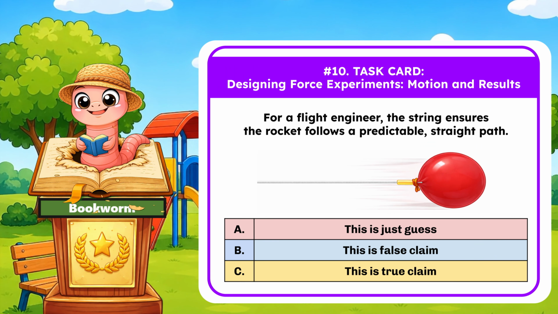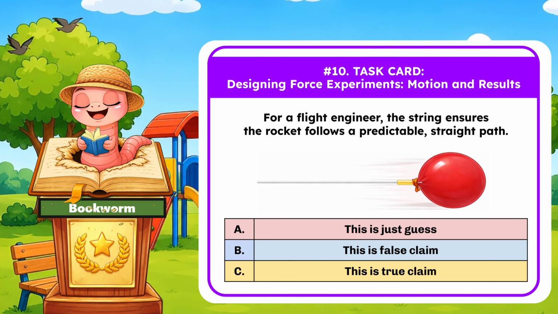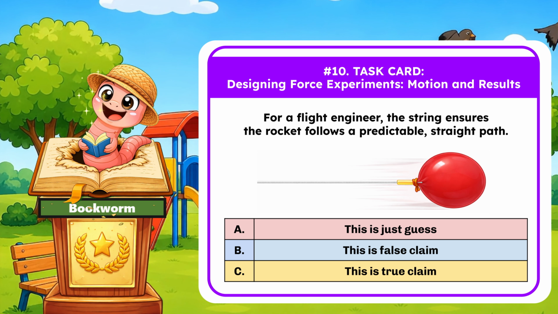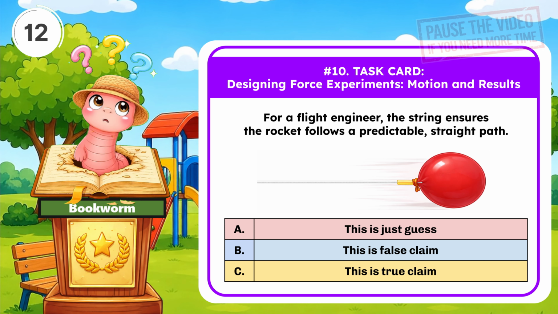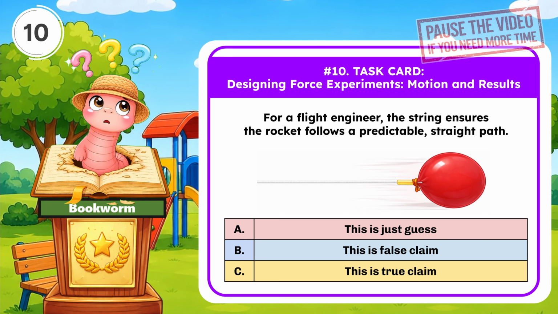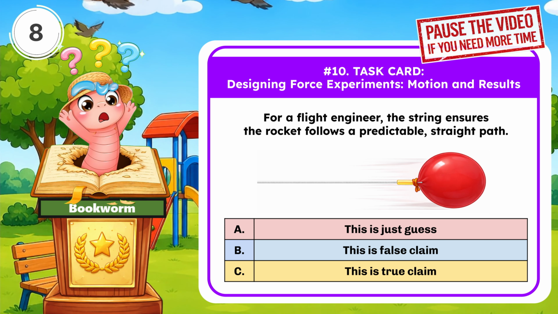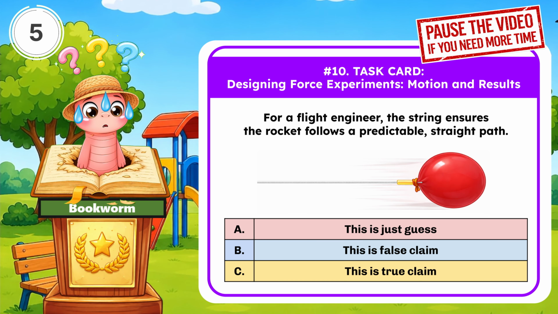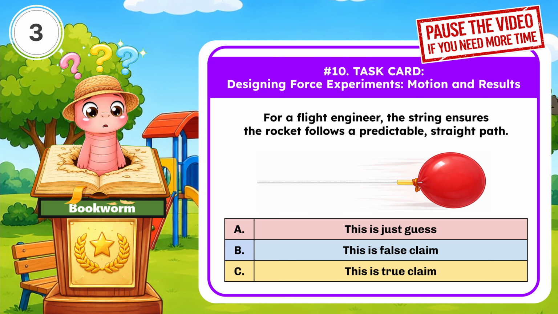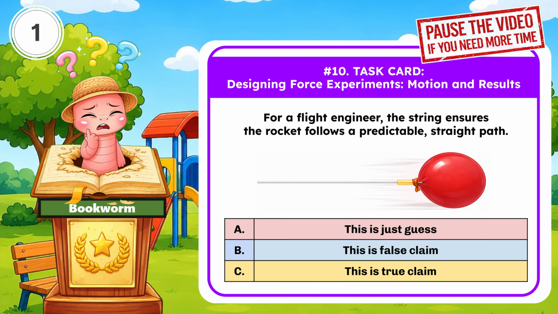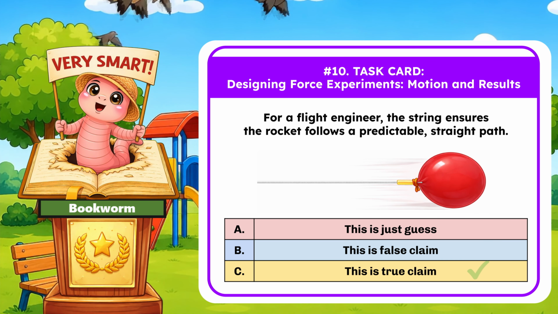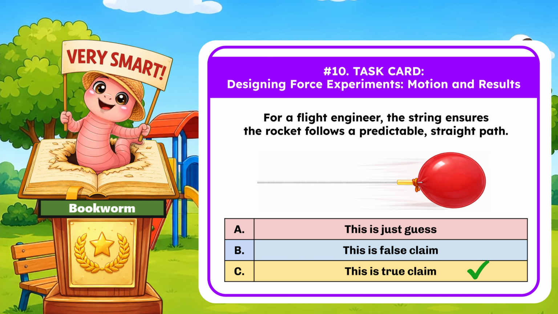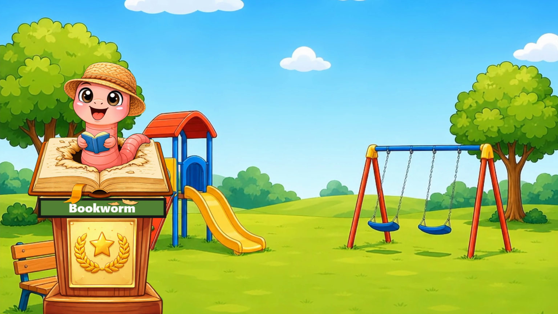For a flight engineer, the string ensures the rocket follows a predictable, straight path. And the correct answer is letter C. This is true claim.